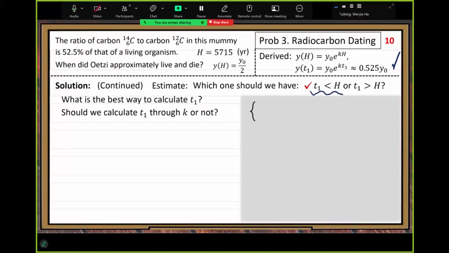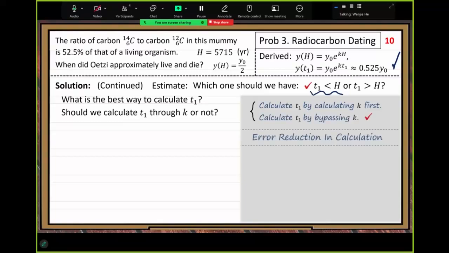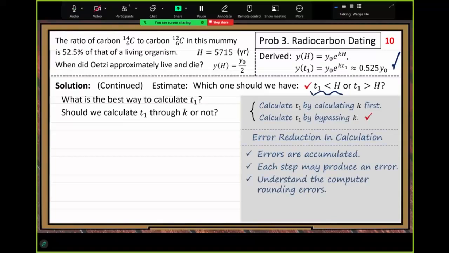The reason for these two methods, I already explained a little bit before: error accumulates. If you have many intermediate steps, then your errors will accumulate and be larger.